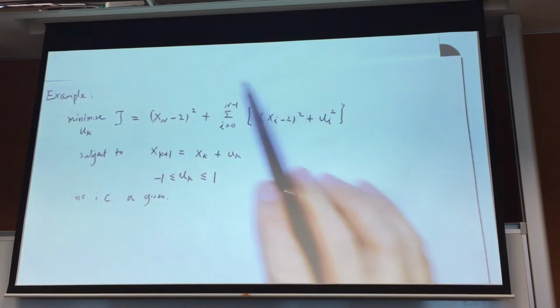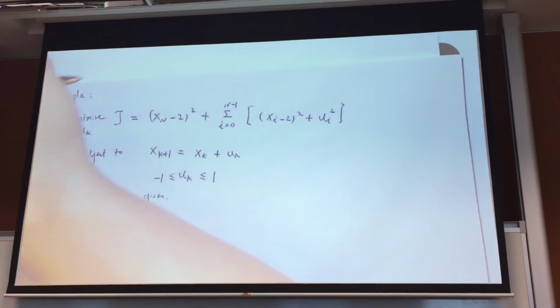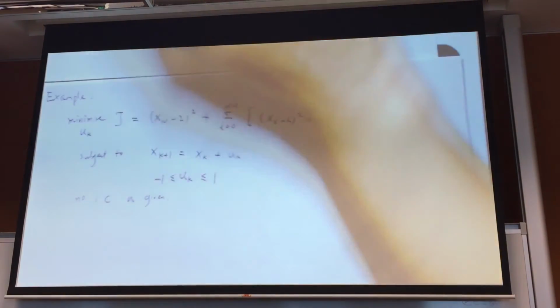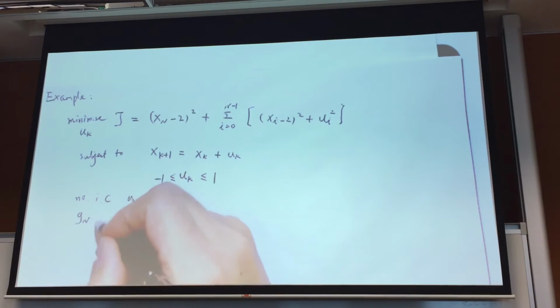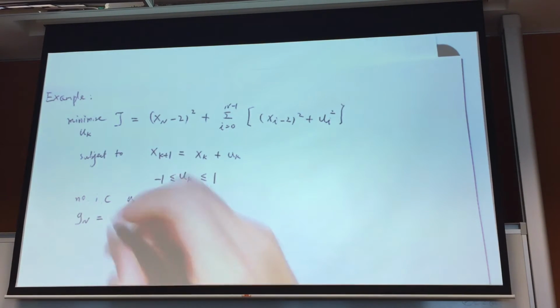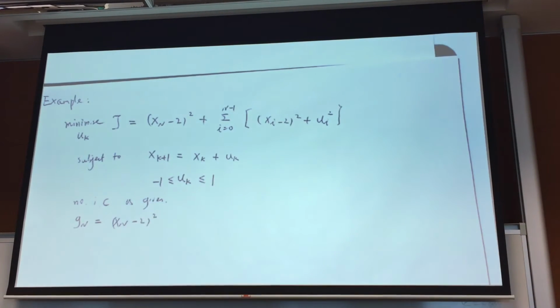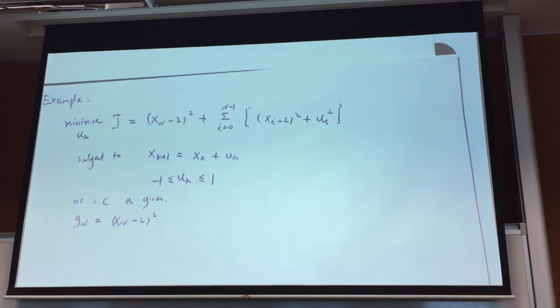In this problem formulation, if we try to simulate the solutions, here we can see the final state function is given by xn minus 2 squared.